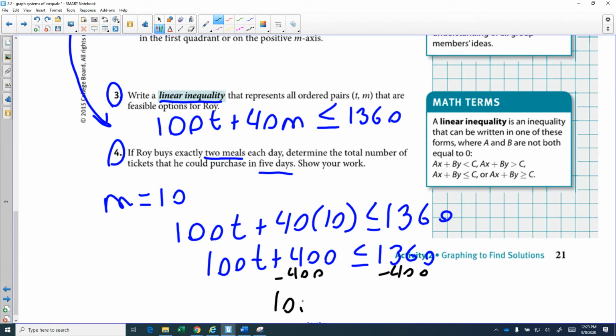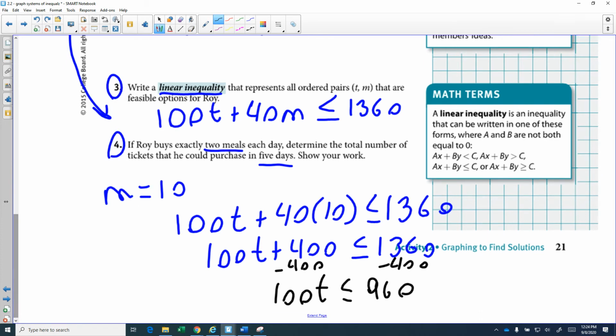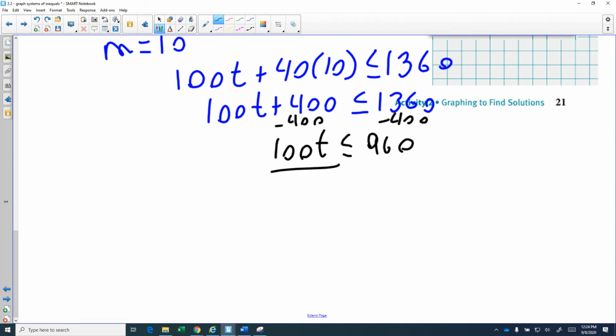This will give us 100t is less than or equal to 960. And then our last step, we have to divide out that 100 to get that our tickets have to be less than or equal to 9.6.